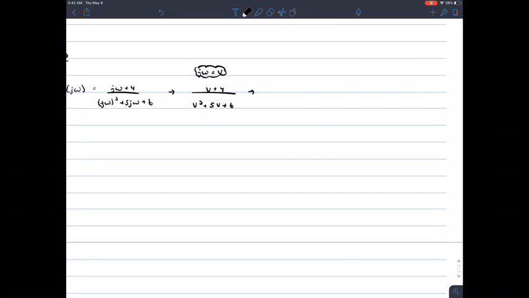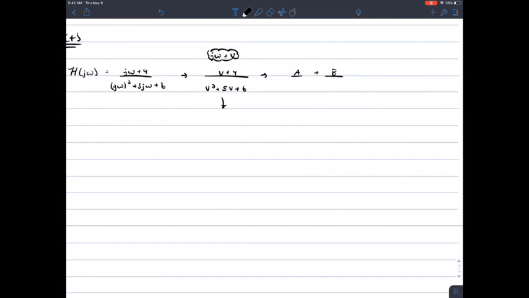So this is going to turn into partial fractions, A over something plus B over something. What times what equals 6 but adds to give 5? That's 3 and 2. So A over v plus 2 and B over v plus 3.